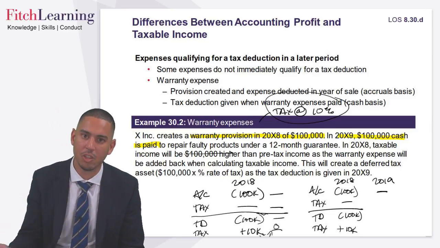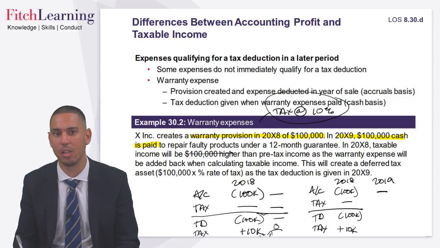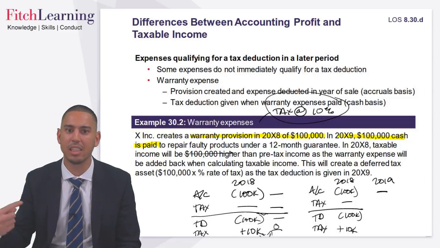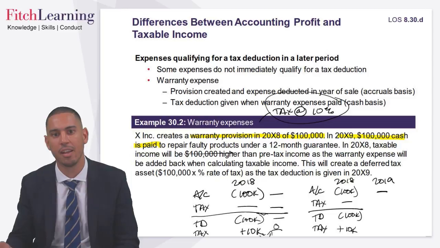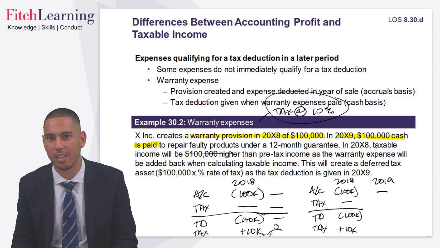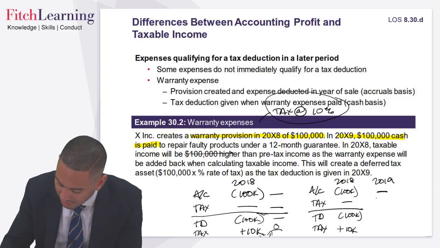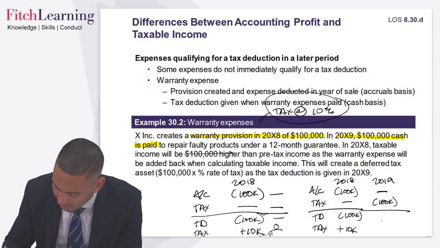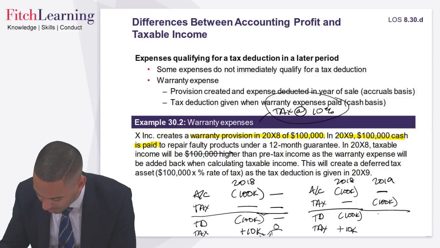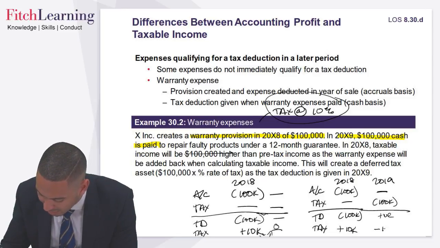I'm going to reduce my tax asset to 0, which is going to be an additional expense of 10k coming through my tax line. And that's the same as saying in the income statement, I've got nothing coming through here. I'm allowed a tax deduction of 100k. Well, that minus that is going to get me a positive figure, which is going to come through as an expense of 10k.